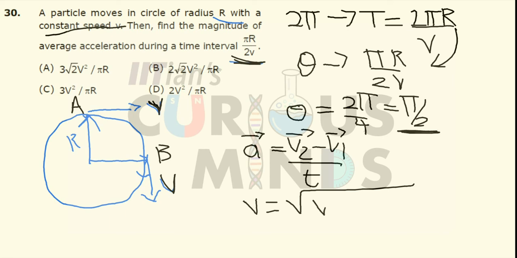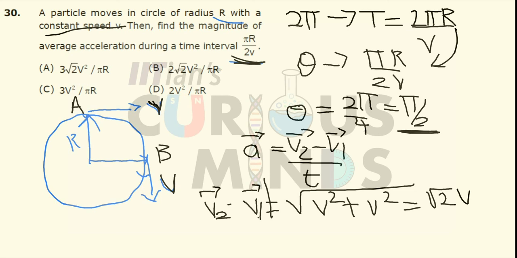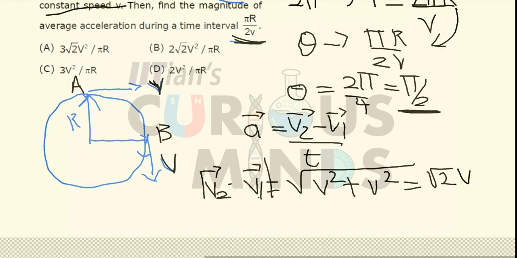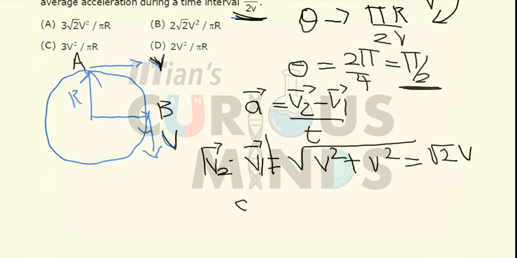So it is simply the root of a square plus b square, which is equal to root 2 v. This is the change in velocity, so it is equal to root 2 v. So the acceleration will come out to be root 2 v divided by the time period.